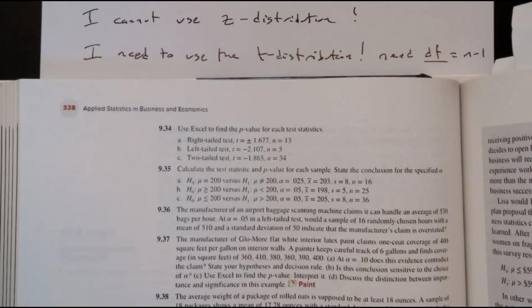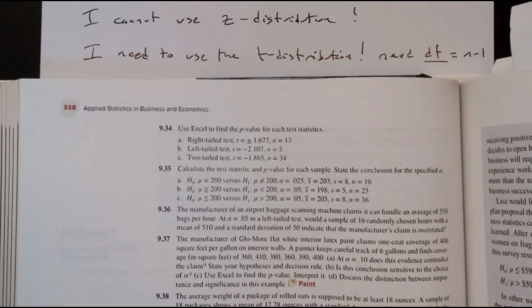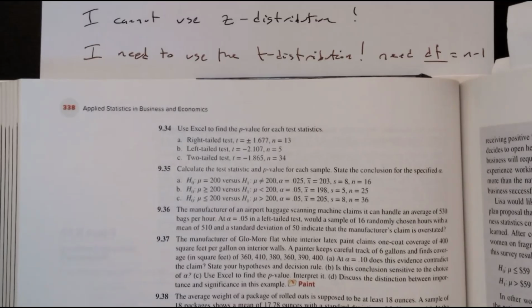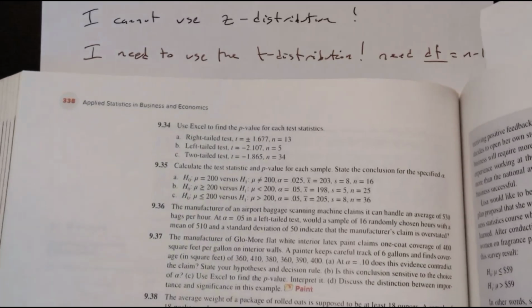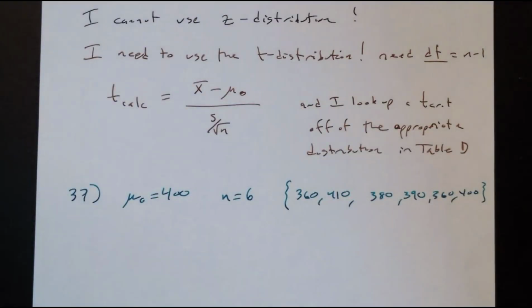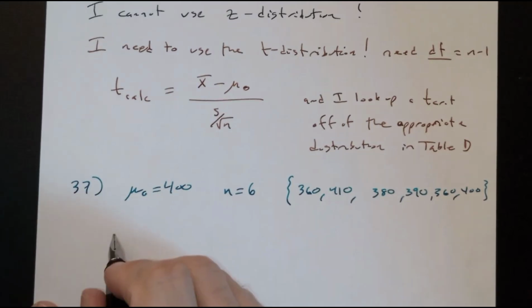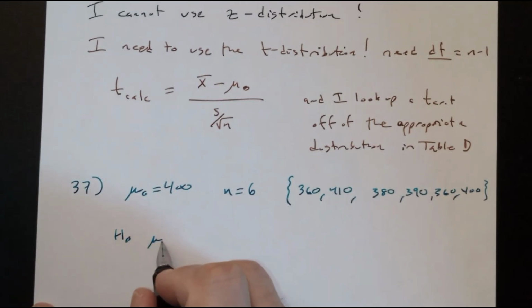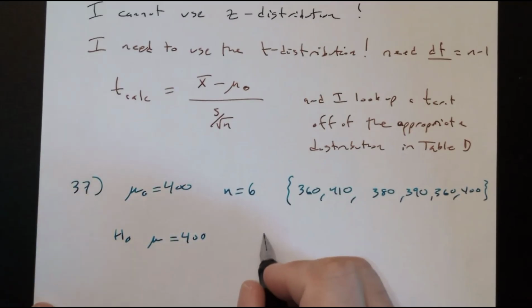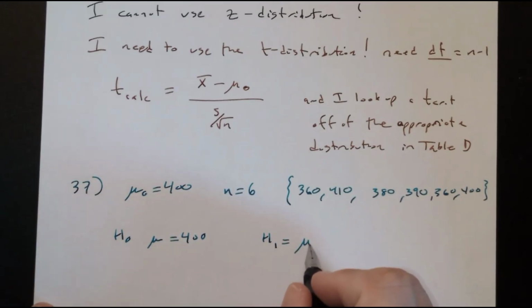On the other hand, if you think about a painter saying, I should be able to get at least 400, it would have been nice if they used those words. I could do a one-tail test, but I think their words say a two-tail test is better. So that's what I'm going to write down right at the beginning so I know what kind of test I'm doing. The null hypothesis is that my average is 400, and the alternate hypothesis is that it isn't.